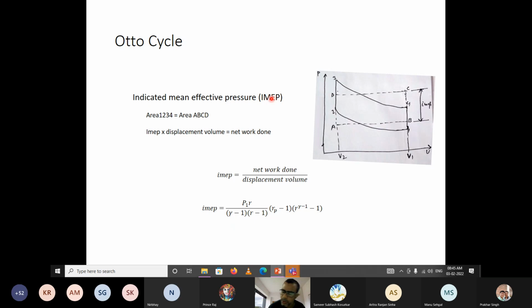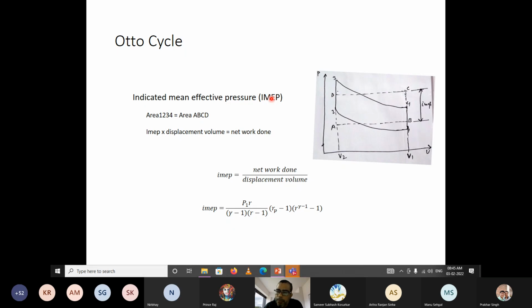Then it's very difficult to compare these two engines and say which one is the good engine, because there is no constant parameter. Suppose they both have the same volume, then it's very easy to compare, because in that condition the displacement volume, or total volume, is constant, and the engine which produces more power we can say is a very good engine compared to the other.